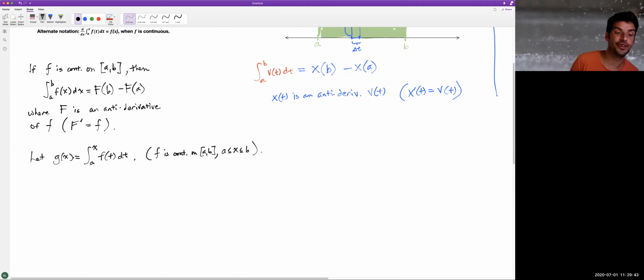So we're just defining a function as we did in the first part of the fundamental theorem. Then by the fundamental theorem of calculus part 1, g prime of x equals f of x.